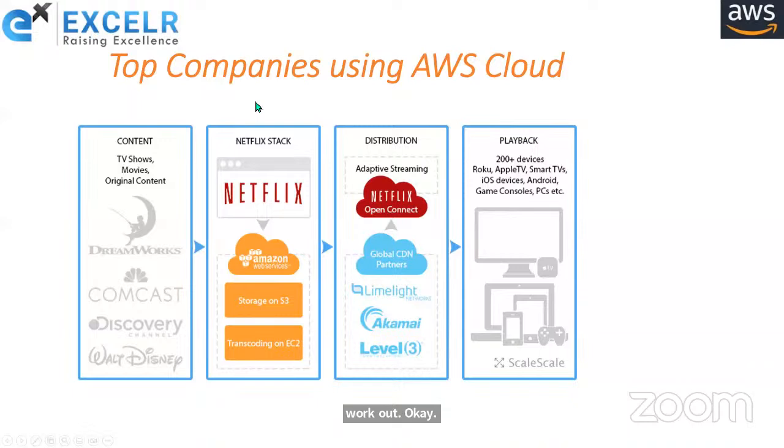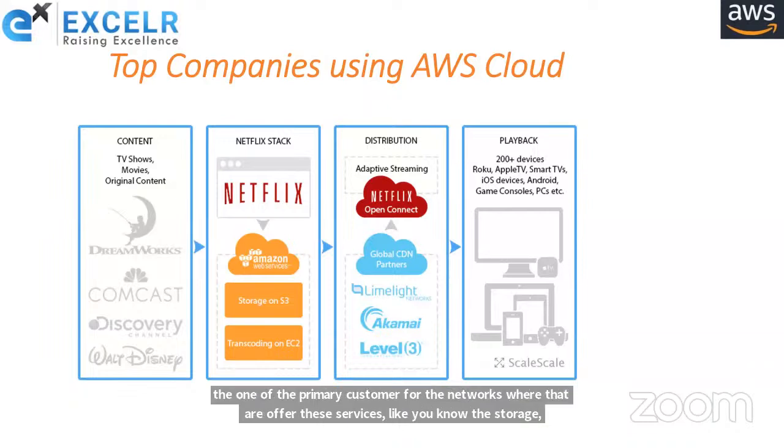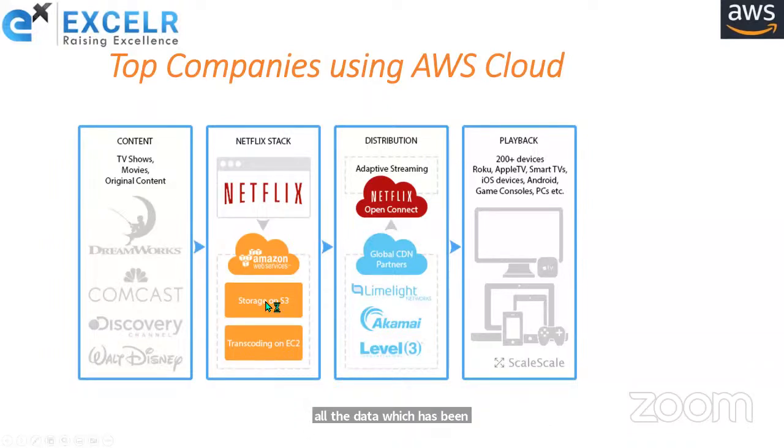So you can see the top companies using AWS Cloud currently, as we have discussed, for content applications, TV shows and movies or original content and video streaming devices, where these are the partners registered with Amazon itself. And as I told you yesterday, Netflix is one of the primary customers, where they opt for these services, like the storage services, because all the videos and all the data which are required to be uploaded from Netflix are going to be stored in S3, the Simple Storage Service, where this data has been loaded.